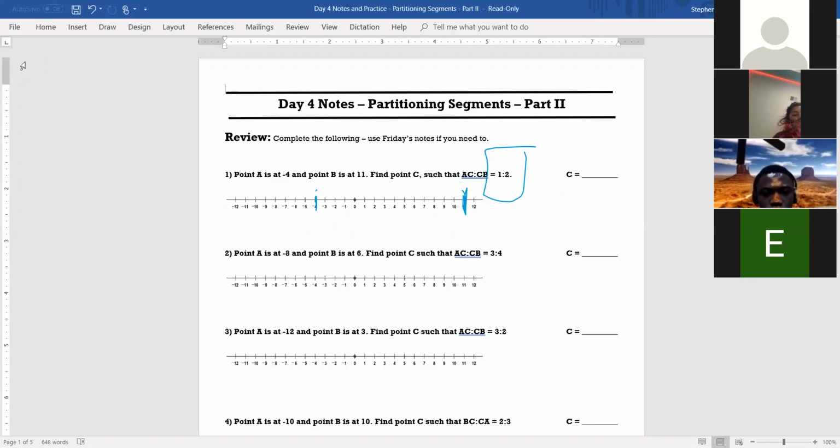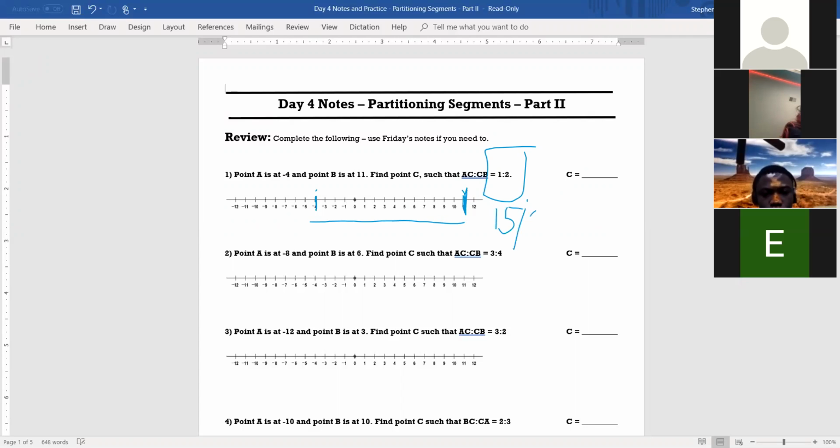Let's see, and then I'd count the amount of moves right here, because it's not that much. Divide that by 3. Then I'll figure where the point is. So you would count those moves between -4 and 11, and we know that that's 15 moves, right?